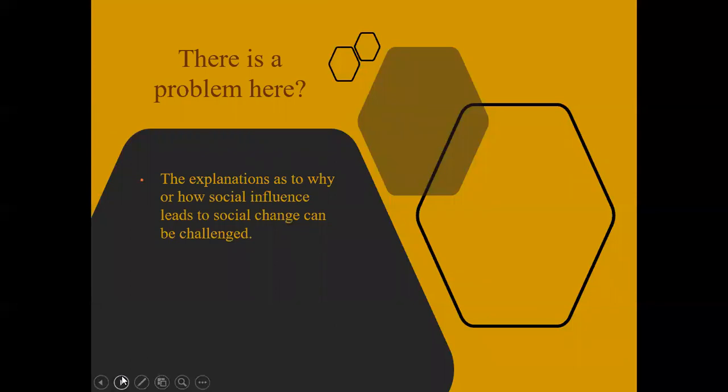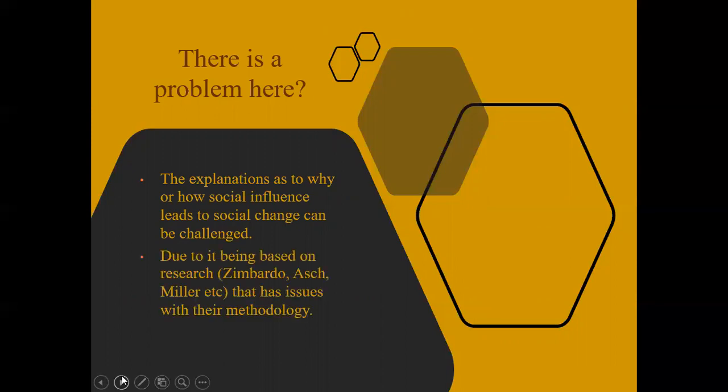The explanations as to why or how social influence leads to social change can be challenged due to it being based on the research we have just mentioned, as there are issues with their methodology. So we can bring back some of the AO3 that we've used prior to this to ask, really, can this social change actually occur because it's based on research that may not have a good methodology, or there are issues with the methodology?